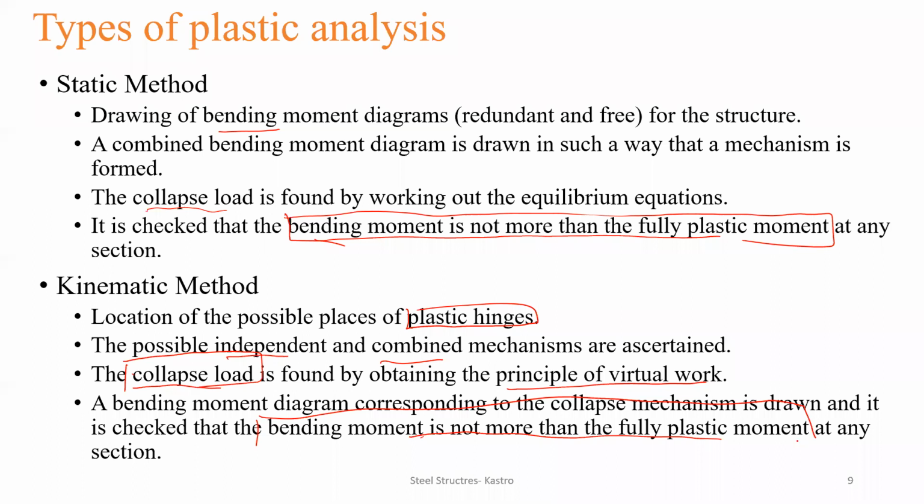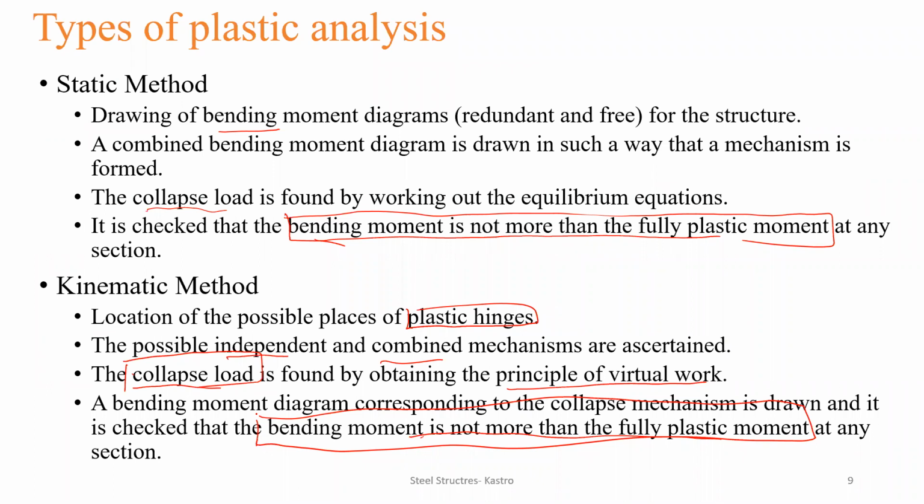But how to determine this condition, we have different analyses. Suppose you do the moment distribution method or the slope deflection method, ultimately you're going to find out the safety of the joints in both methods, but the process of solving gets different. In the moment distribution method, you're going to draw the moment distribution table and then analyze. Whereas in the slope deflection method, you're going to find out the maximum slopes and the maximum deflections at a particular point.